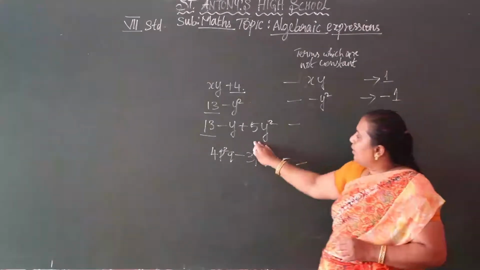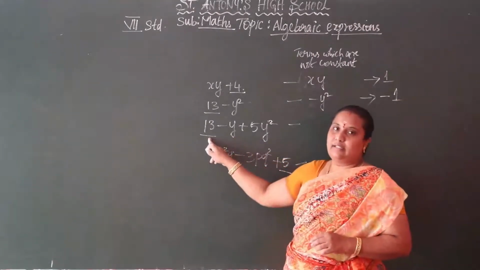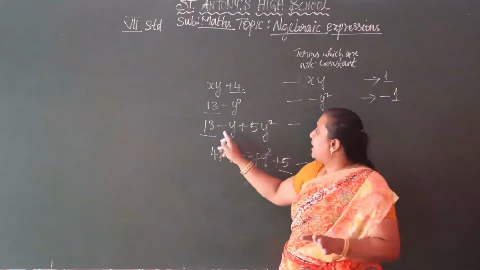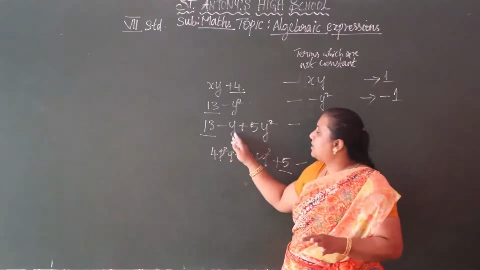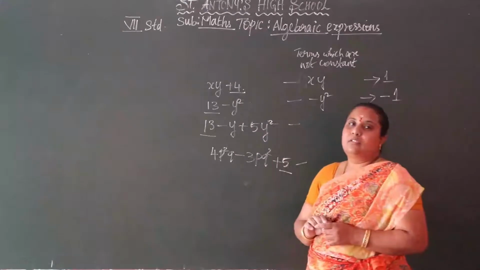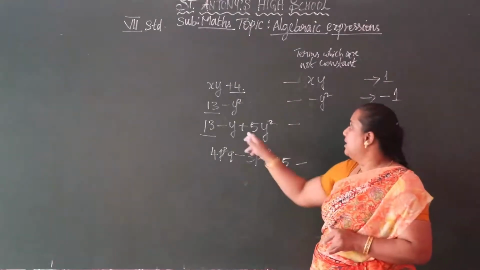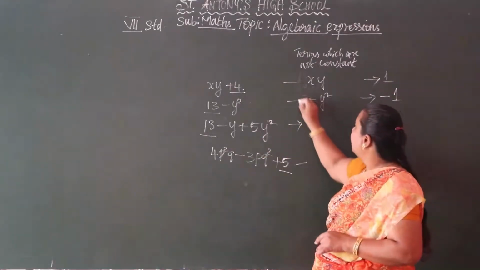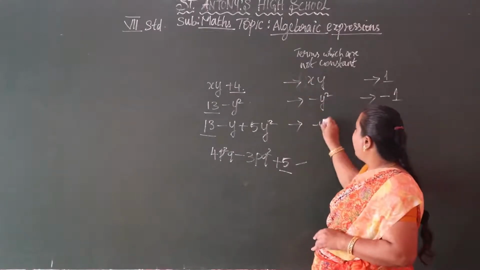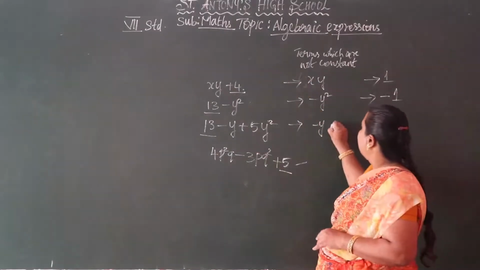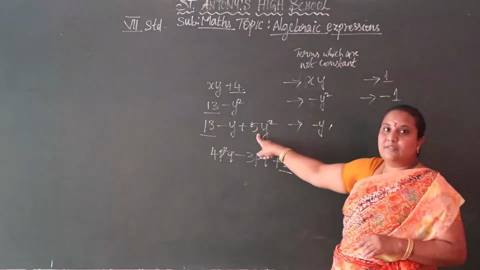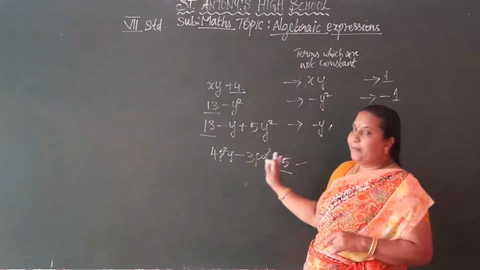Here 13 is a constant term, so we leave it. Then we have two terms which are not constant: minus y, and we are writing only the terms now, so no need to use operations here.